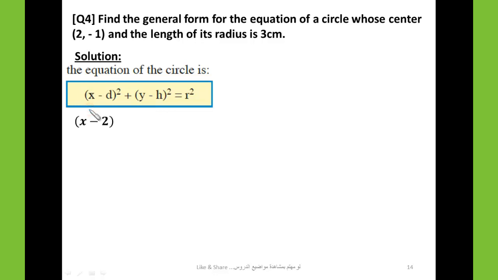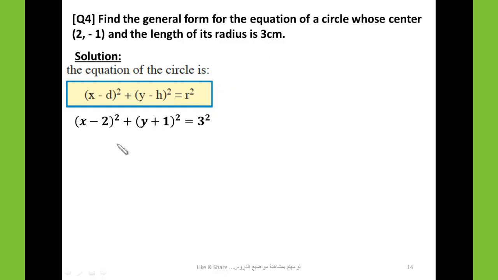So by substituting, we have x minus 2 all squared plus y plus 1 all squared, substituting h equals negative 1, equals r squared, and r is the radius, equals 3 centimeters. So we have 3 squared.